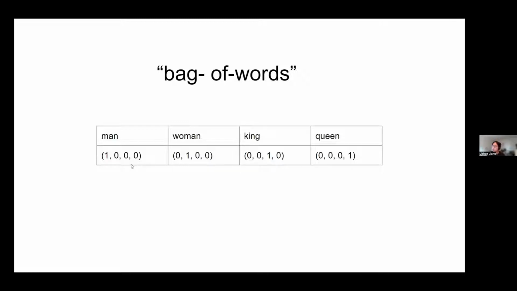As built by the computer, the difference between man and woman is equal to the difference between man and king. So this is not a very accurate semantic relationship to be inferred by the computer. And it cannot tell how they're different and how they're similar.